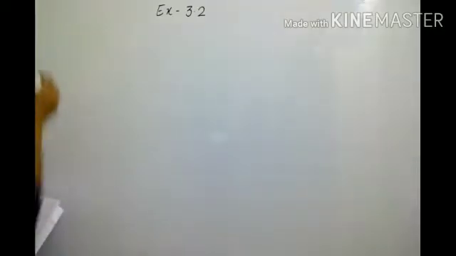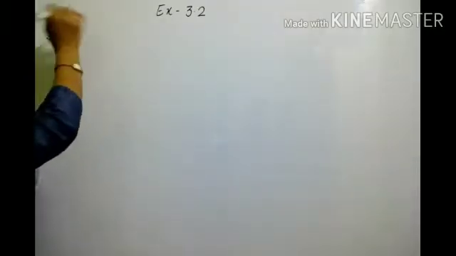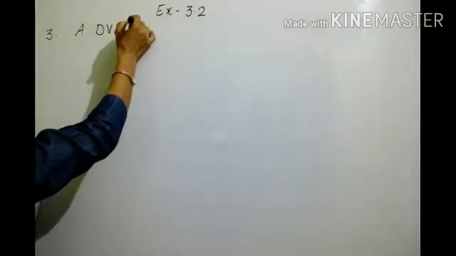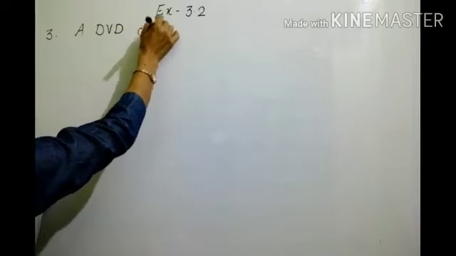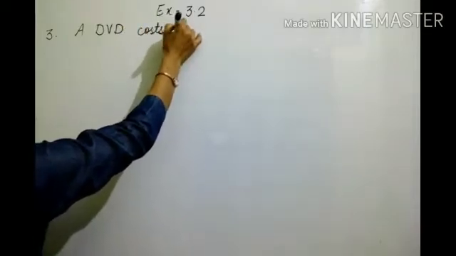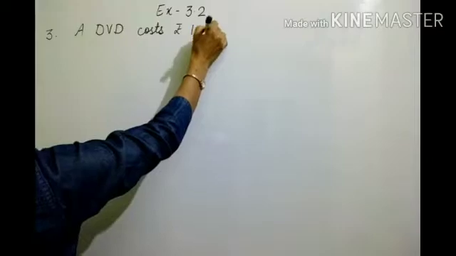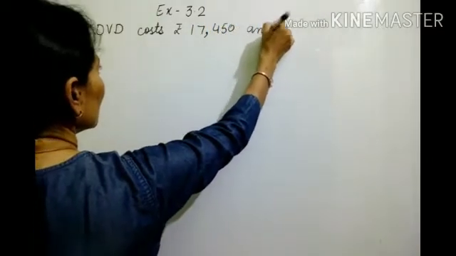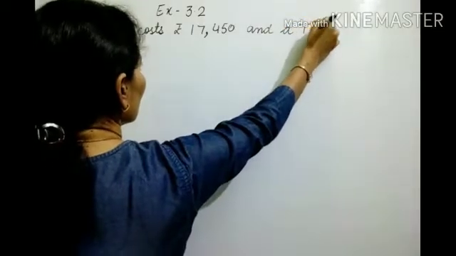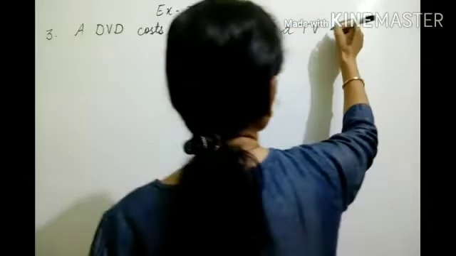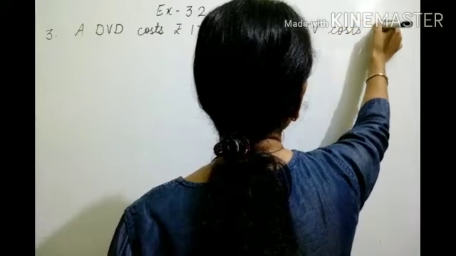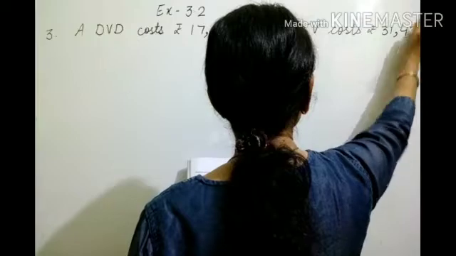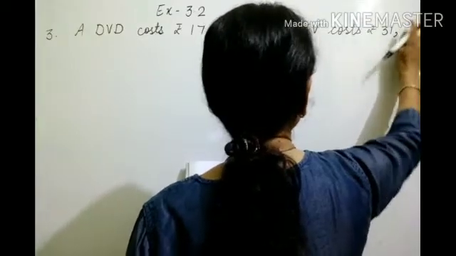First we see what the statement is. A DVD cost rupees 17,450 and a TV cost rupees 31,348.